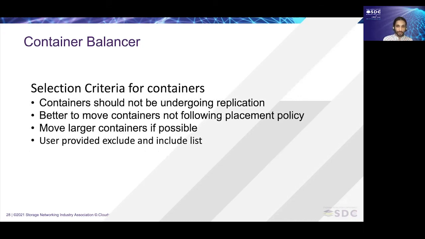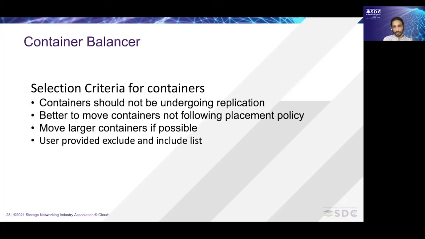There is also a selection criteria for containers. Containers should not be undergoing replication. That means it should not be undergoing either replication or deletion. It should not be under or over-replicated. It is better to move containers which are not following placement policy right now, so that a suitable target data node can be identified for these containers.